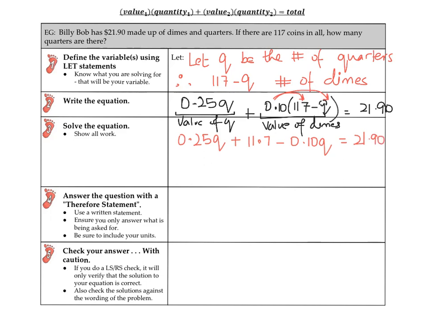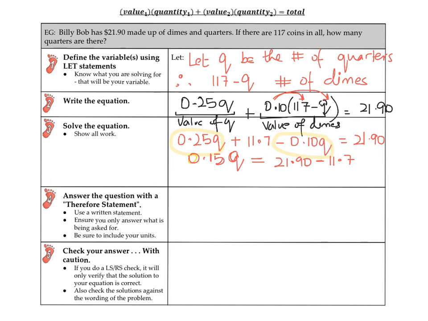Okay, now we will combine like terms. What will be our like terms here? The like terms would be the Q values. So 0.25 Q minus 0.10 Q would be 0.15 Q equals 21.90, and I'm going to bring 11.7 to the other side, and it's going to turn negative.